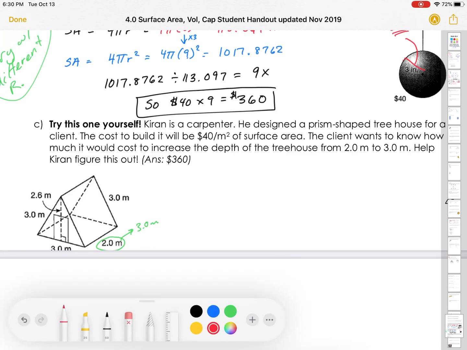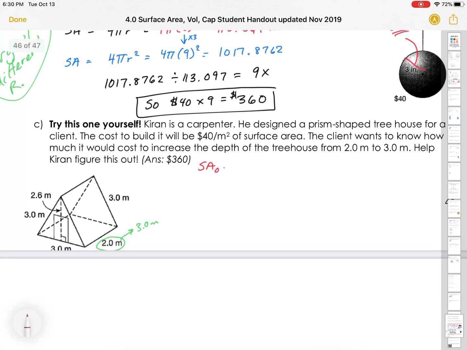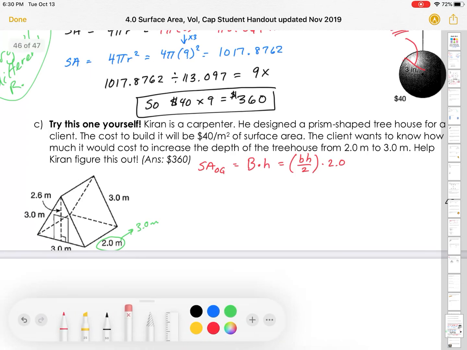Okay, so let's start by figuring out the surface area as is. We'll call it the OG surface area. It is the area of the base times the height. So that's base times height over 2 of the triangle times the current height, which is 2.0.